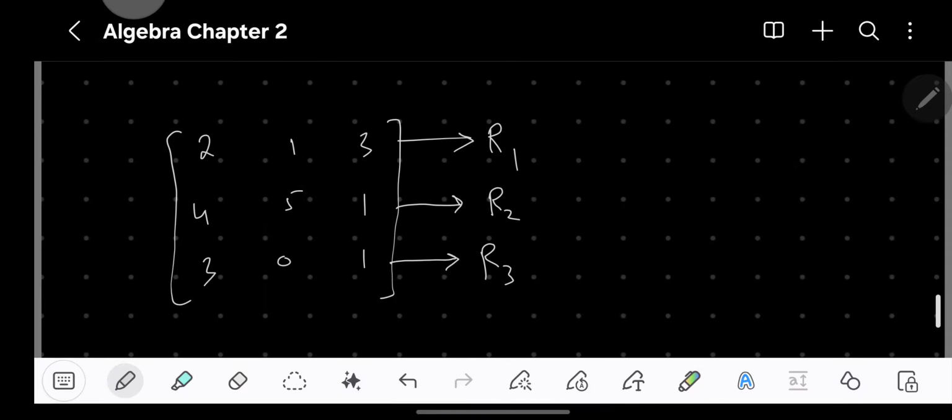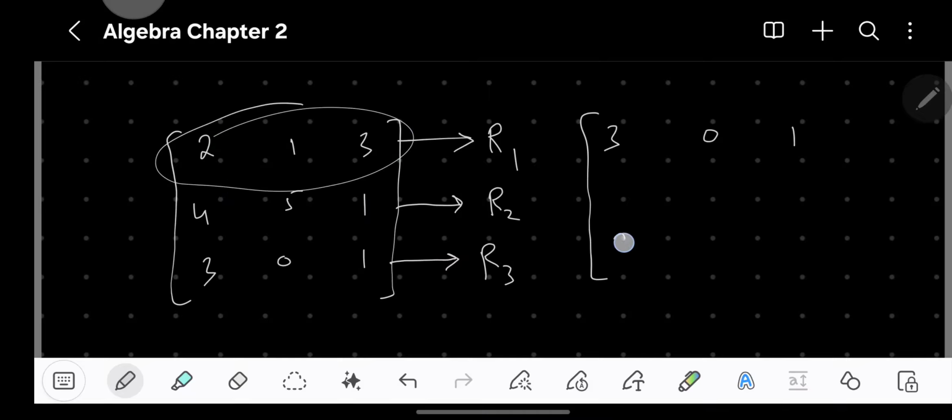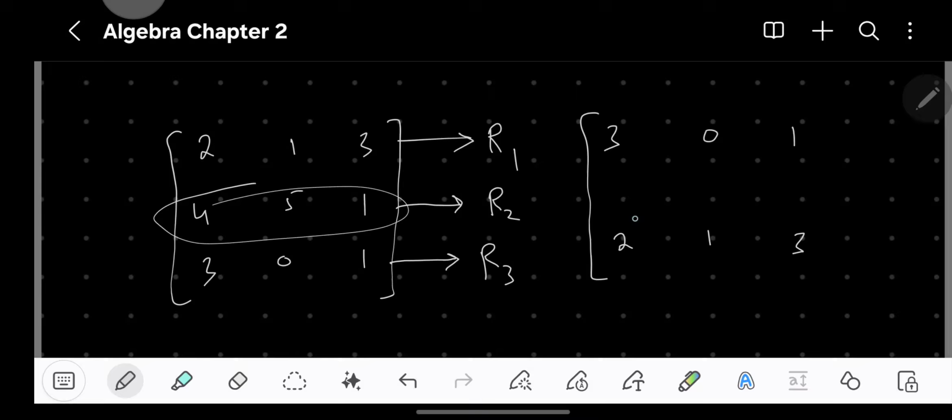This way. I will write R3 up. R3 is 3, 0, 1. I will write 301 up and then R1 down. R1 is 213. And this row will be the same, 451.